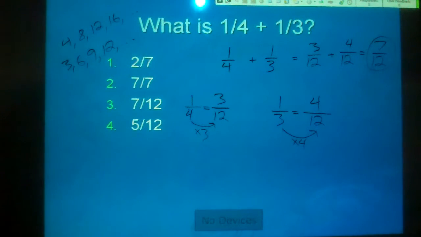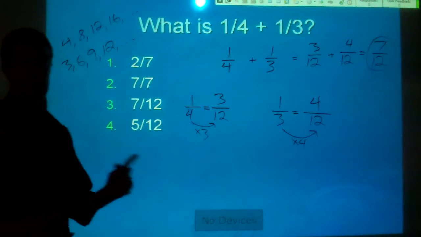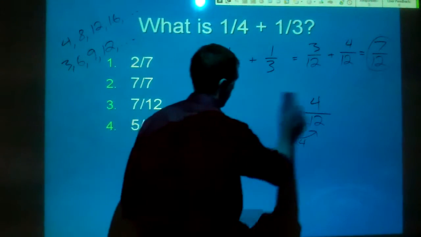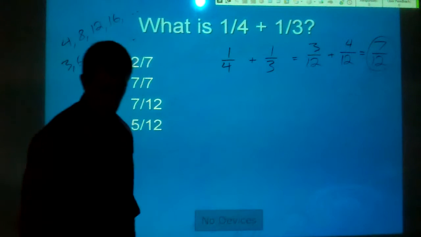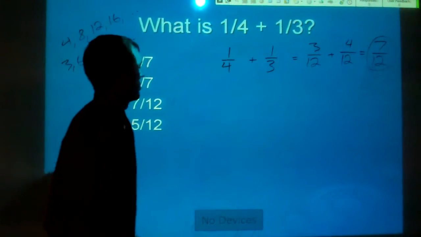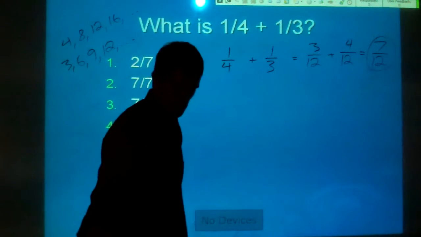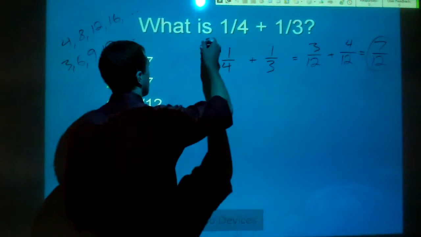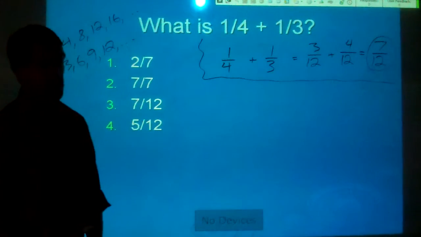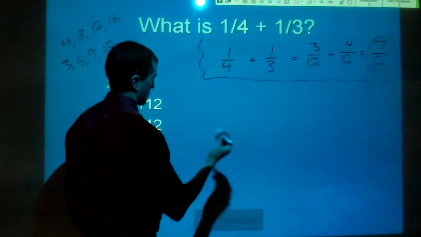I will also show you what happens if we don't use the least common multiple. Okay? We found 12, the least common multiple. Another number we could have used is 24. So, we'll just section this off here. Now 24 is not the least common multiple, but that's okay. Let's say that's what we used.